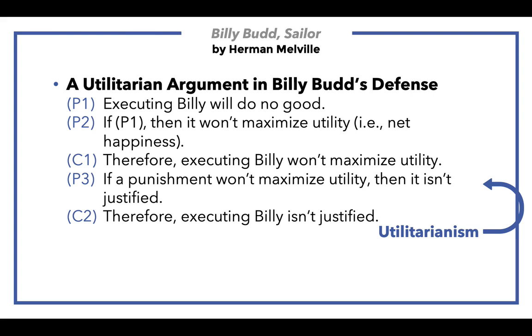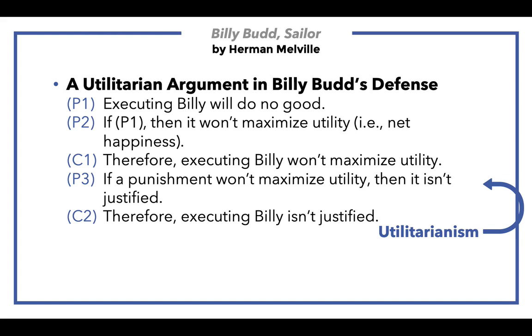And this is a hard question, right? One thing to note is that it's hard before the fact to know whether a particular punishment is going to have good consequences or bad. Sometimes they have good consequences, sometimes it wouldn't have made a difference one way or the other. This leads a lot of utilitarians about punishment to look not at the actual utility, or what actually happens, but rather at what we should expect to happen.